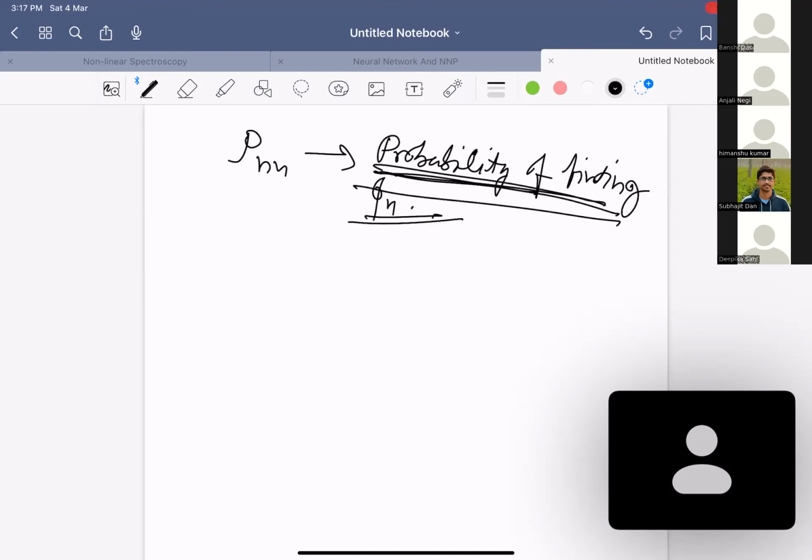Just to restate, the trace of rho square is equal to 1 if it's a pure state, and it's less than 1 if it's a mixed state.